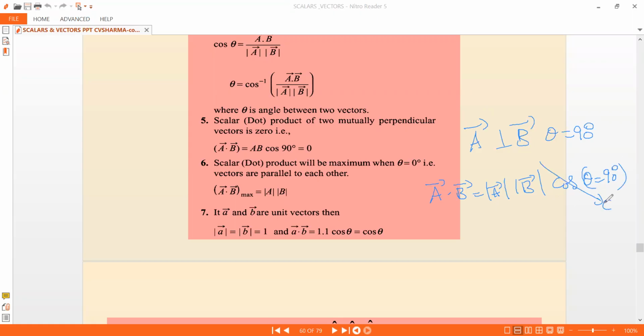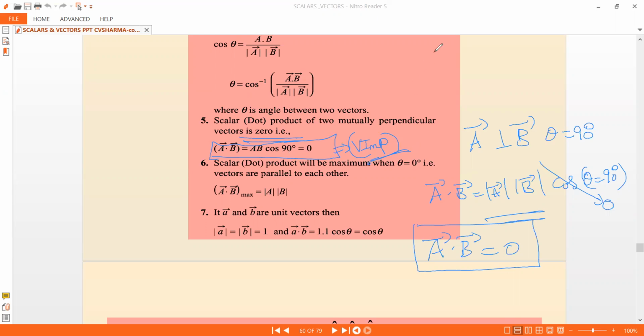When theta is 90, cos theta is 0, so the entire expression goes to 0. So you can say that a bar dot b bar is equal to 0. If two vectors are perpendicular, the dot product of the vectors is 0. That is depicted here. Very, very important result. We use this everywhere, and many problems can be solved using this result. That is what we have to keep in mind.